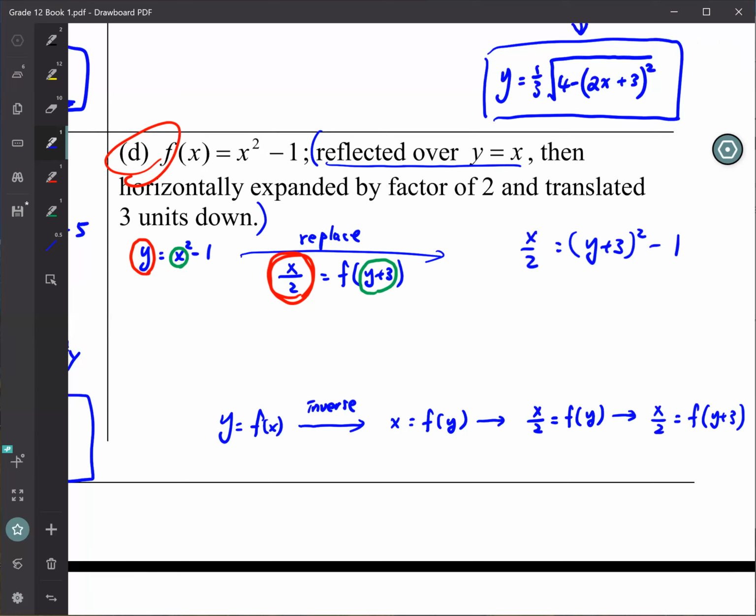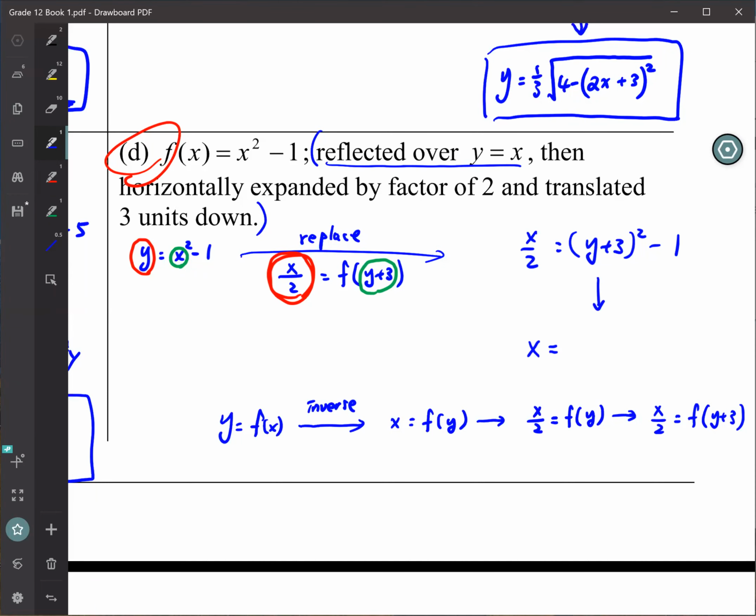And then finally, we need to simplify, right? So simplifying, we need to isolate what, Trudy? Isolate y. Here we'll isolate the x because we are doing the inverse. So to isolate the x, what do we do then, Trudy? You multiply it by 2.